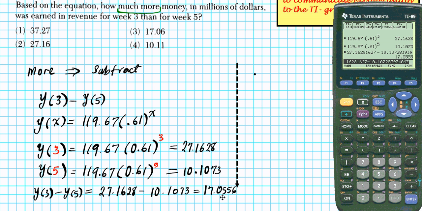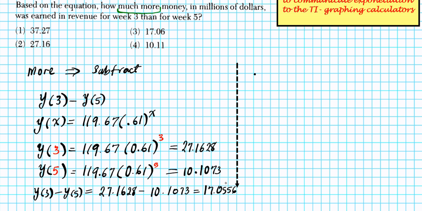If we round it to the hundredth place, the number behind it is 5 or greater, so we just add 1. We carry 1 over. So our difference is going to be 17.06. This is how much more revenue you had in week 3 compared to week 5, of course in millions of dollars. So the answer is option number 3.